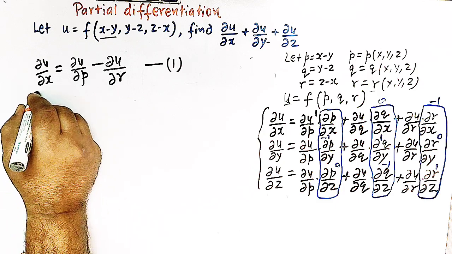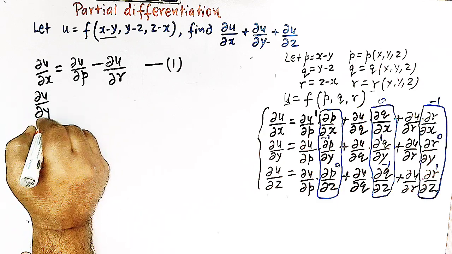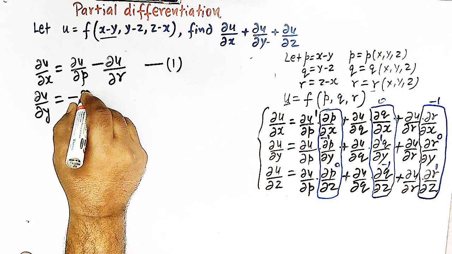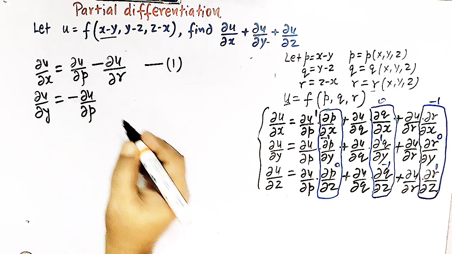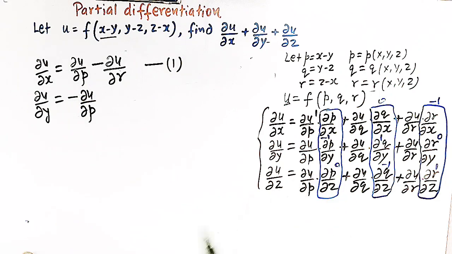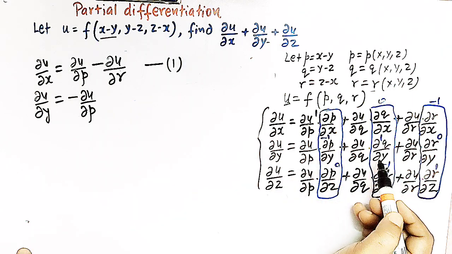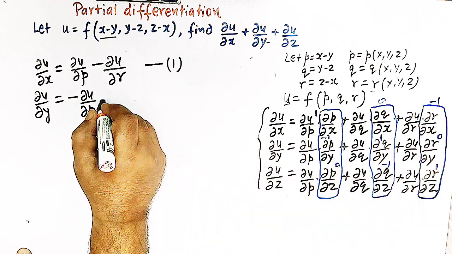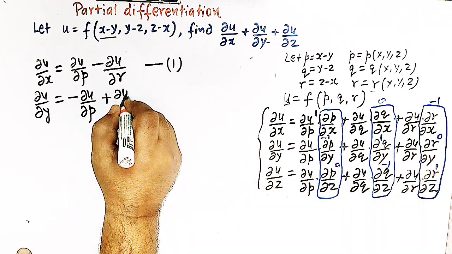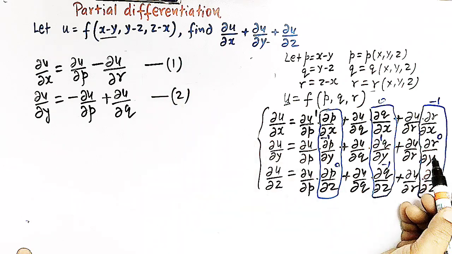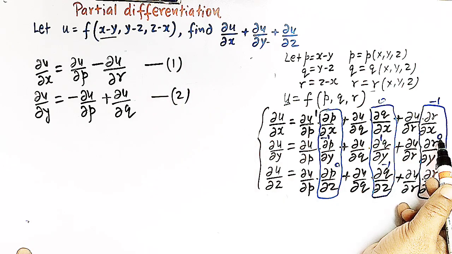And similarly, we can write del u over del y is equal to minus del u over del p, because del p over del y is equal to minus 1, and here we have del q over del y as 1. So we have simply del u over del q. This is equation 2, and this term is 0 because del r over del y is equal to 0.